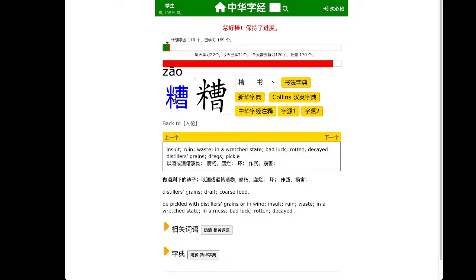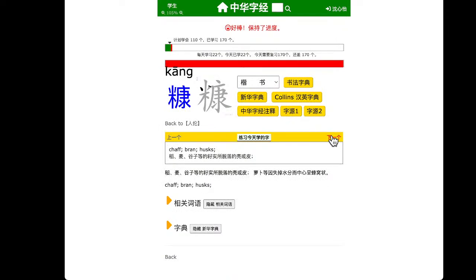It's that byproduct that's kind of coarse. And kang refers to chaff, bran, husks. This is the byproduct when you're harvesting grain, or the other sorts of plants that grow in the field that you get rid of when you harvest, because they're not the part that you eat.